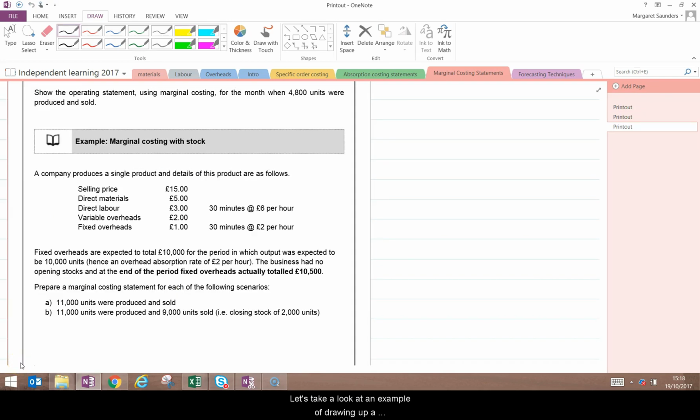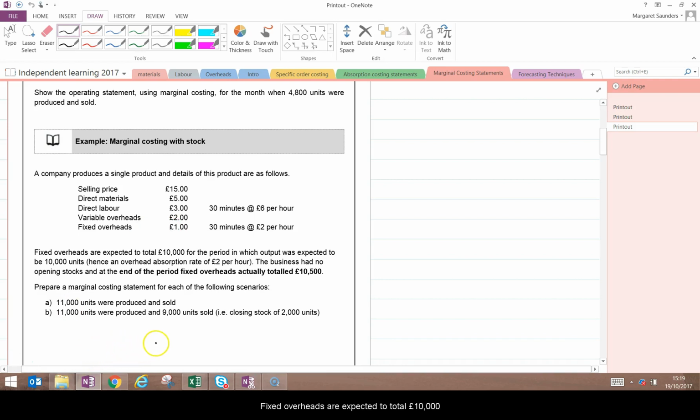So let's take a look at an example of drawing up a marginal costing statement. Here we have a company that produces a single product. We're told that the selling price is £15, direct materials £5, direct labour £3, variable overheads £2, fixed overheads £1.